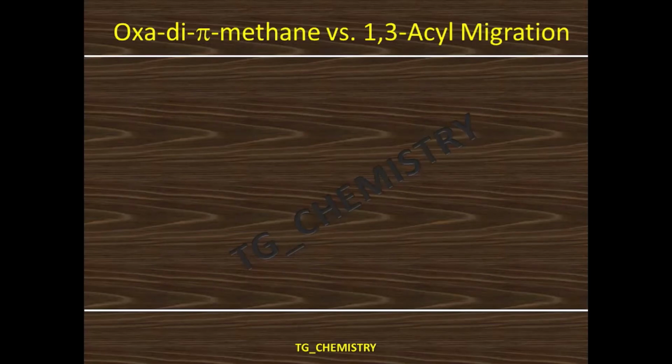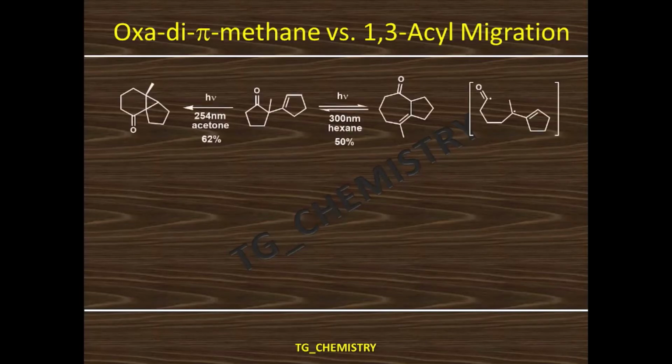There is one competing factor with the oxa-di-pi-methane rearrangement, the 1,3-acyl migration. For example, in the middle you see the substrate, the oxa-di-pi-methane ring system, and it can go two different pathways to give two products, with the intermediate, as you can see here, being the biradical system. If it goes with the 300 nanometer wavelength of irradiation, with hexane as the solvent, it will end up with a 7,5 fused ring structure with a beta-gamma substituted carbonyl compound.